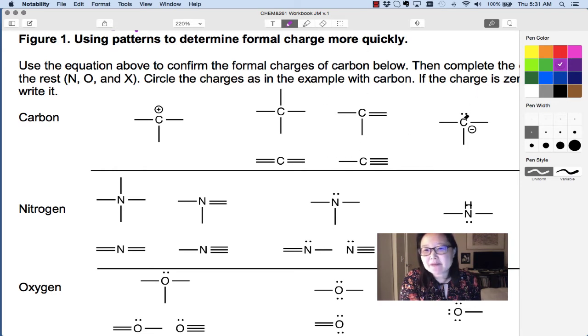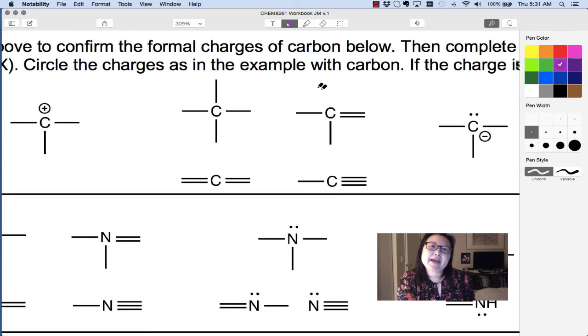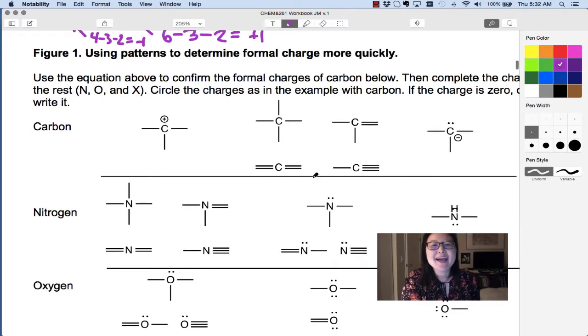And if you see carbon with a lone pair and the 3 bonds, then now it's negative. It's got more electrons than it would by itself. So that means that you're going to have different patterns that you can recognize based on the number of bonds and the number of lone pairs. You can sort of start to recognize, oh, that's positive, that's negative, that's neutral. You want to be able to do that, not calculate every single time, okay?